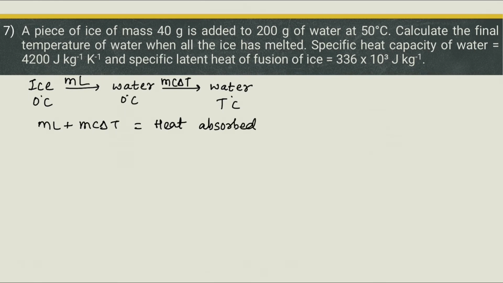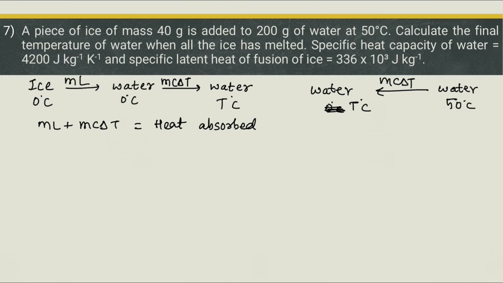And this heat energy absorbed comes from some hot substance. That hot substance is nothing but water at 50 degrees Celsius. The temperature of that water decreases to, sorry, not 0, it will be some final temperature T degree Celsius, right?